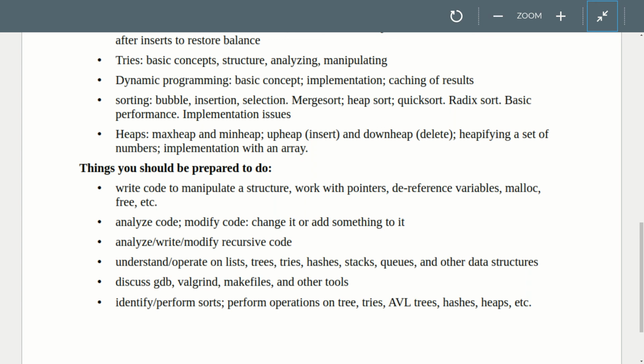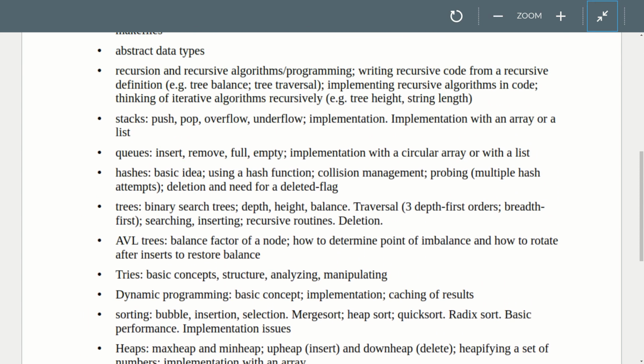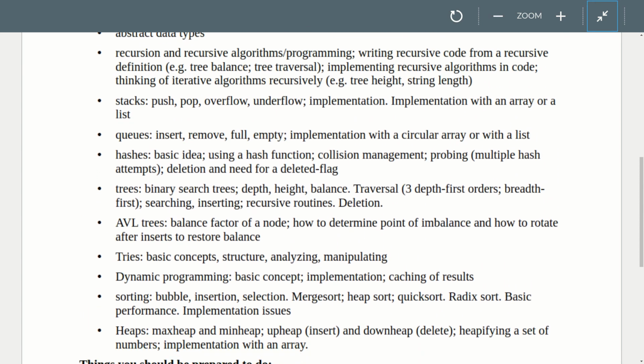All right, so let me go through the topics. Heaps, max heaps and min heaps, they're identical except for what the heap property says. For a max heap, the root node should be greater than all of its children. For a min heap, the root node should be less than all of its children. But as far as whether you up heap or down heap, that's independent of whether it's a max heap or a min heap. When you insert, you add to the last location on the bottom level, and then you up heap.